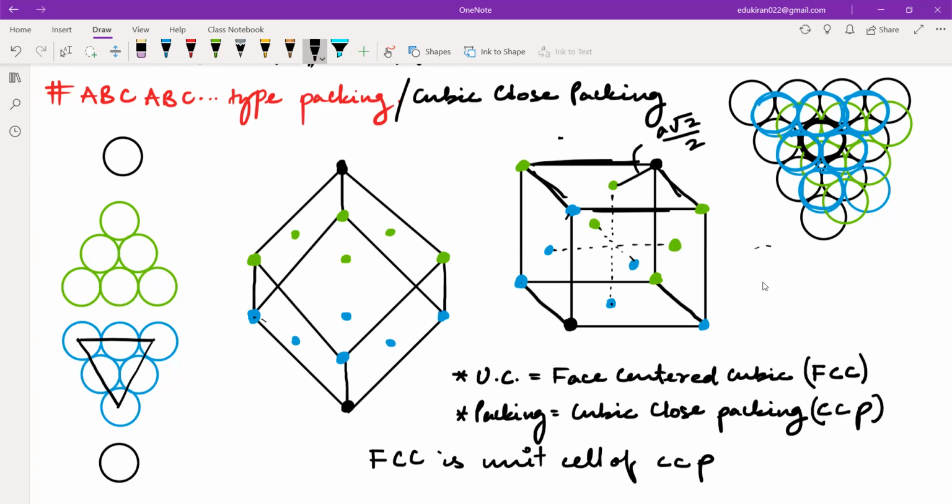So we have to calculate this distance. We have made a right angle triangle. I hope you guys know that this will be a by 2 and this will be a by 2. Yes or no, guys?